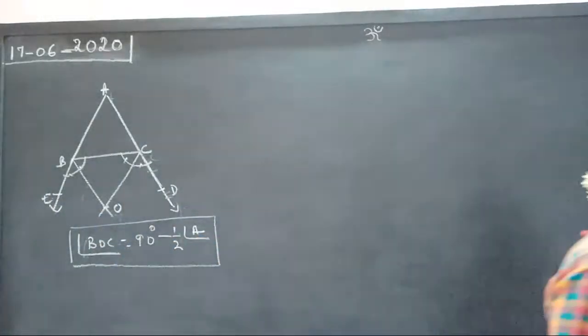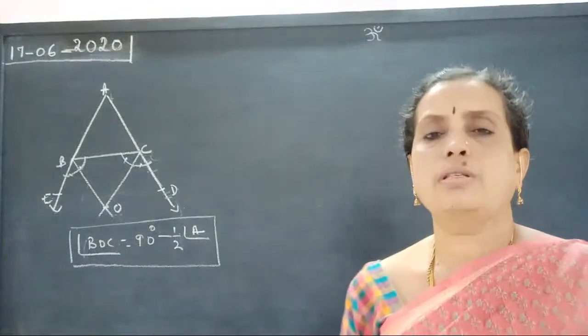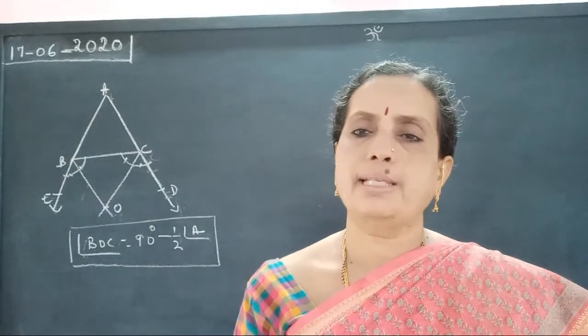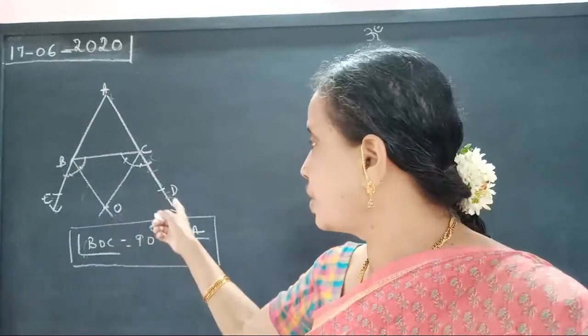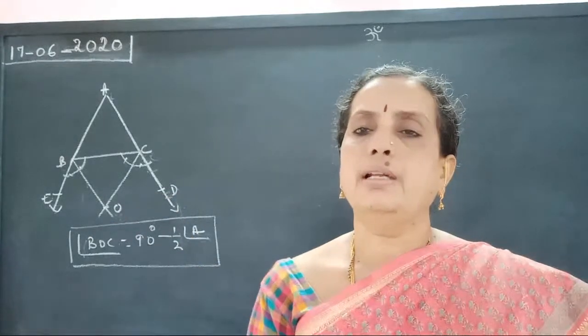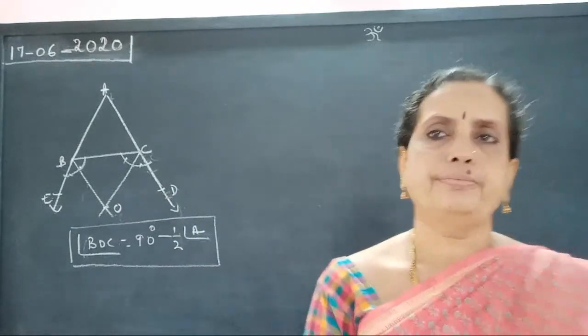What I discussed in the earlier class was about the internal bisector. This is the external bisector, that was the internal bisector. Take the question.